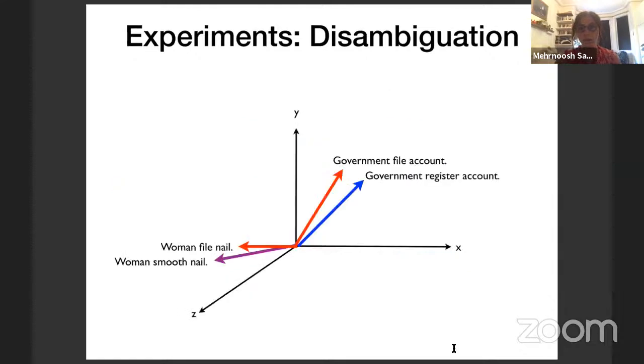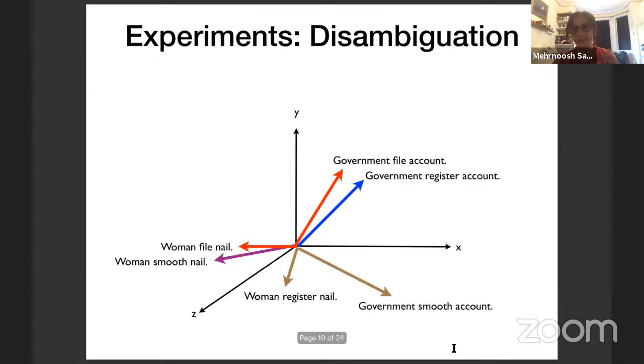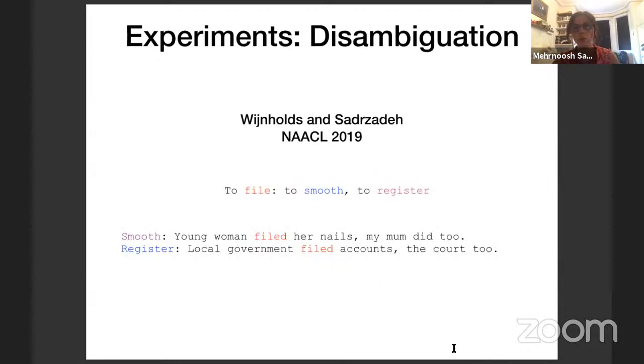And it's better to take the grammatical structure of the sentences into account. So you build representations for woman file nail. And if it is closer to woman smooth nail, you say that in that sentence, the verb file meant smooth. You build the representation for government file account. And if it's closer to government register account, you say that file meant register. So we have been experimenting with extensions of these data sets to sentences that have elliptical phrases in them.